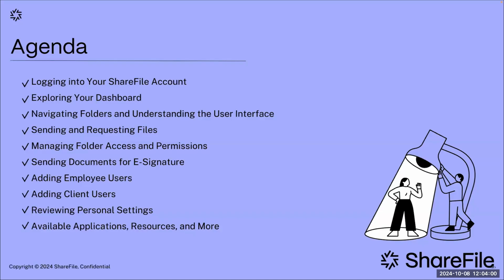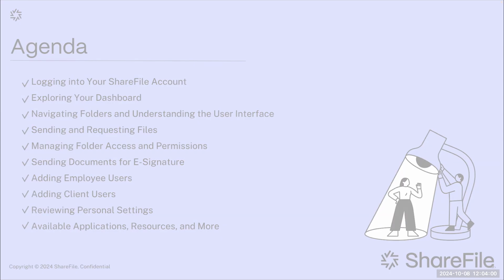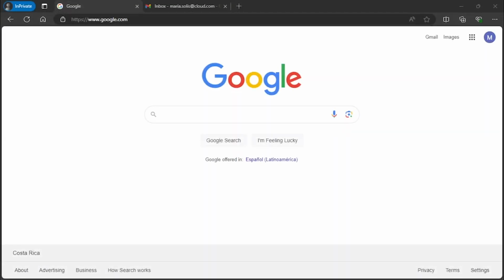So this will be our agenda for today. Okay, let's go ahead and sign in. If you know your subdomain, it's very easy to access ShareFile. All you have to do is access any browser and just type in subdomain.sharefile.com.